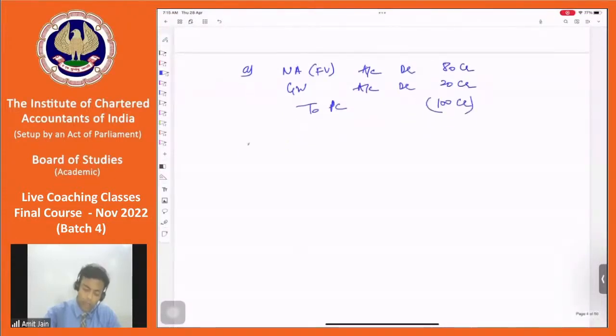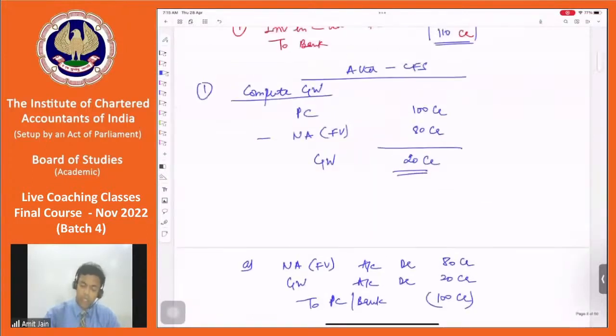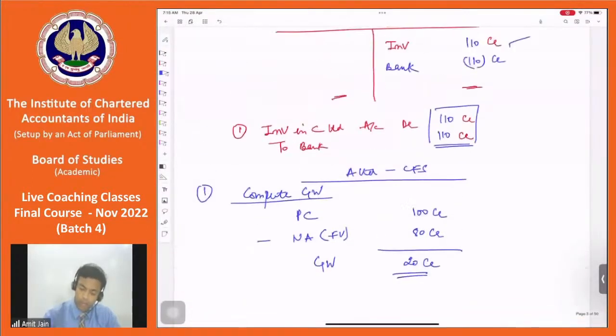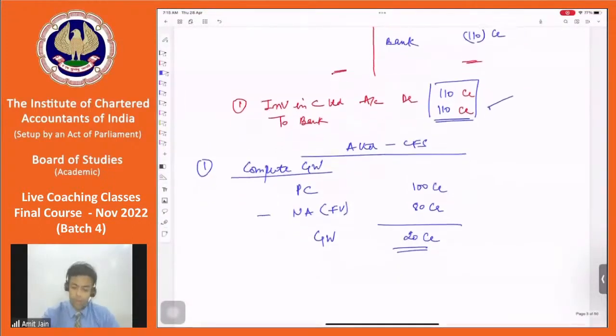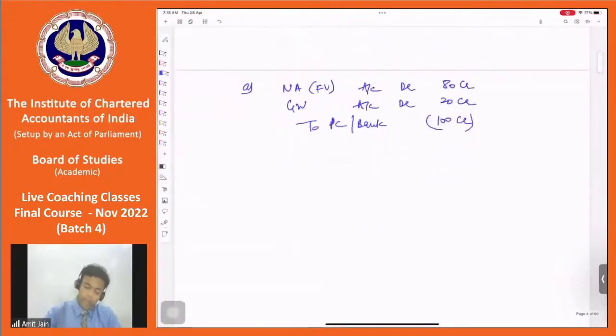Let's say this purchase consideration is to be discharged in cash or bank. This has already been done, because the entry has already been passed in the standalone books here.